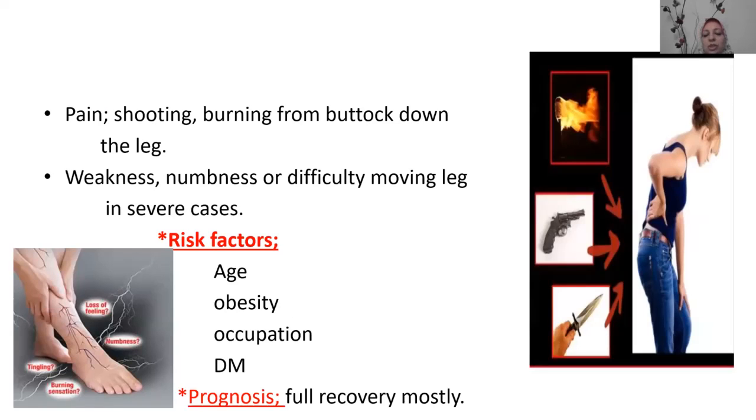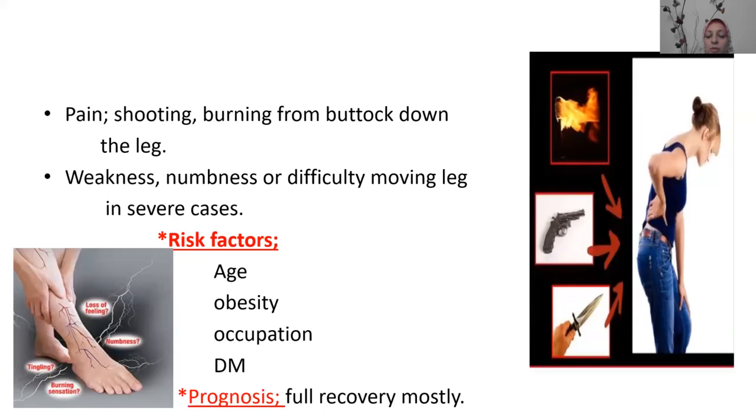Age, as age-related changes in the spine, like a herniated disc, are a common cause of sciatica. Obesity puts stress on the spine and also predisposes to spinal changes that would trigger sciatica.